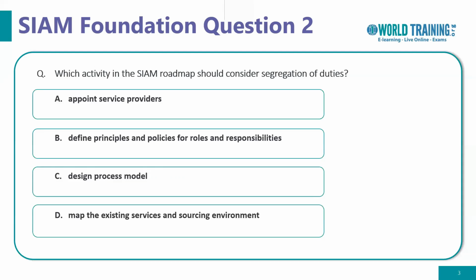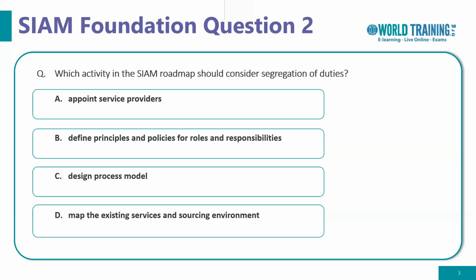Appoint service providers as alpha, define principles and policy for roles and responsibilities as beta, Charlie is design process model, Delta is map the existing services and sourcing environment. The important aspect to understand here is that they are talking about segregation of duty.